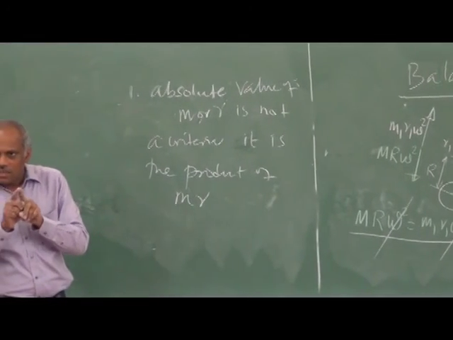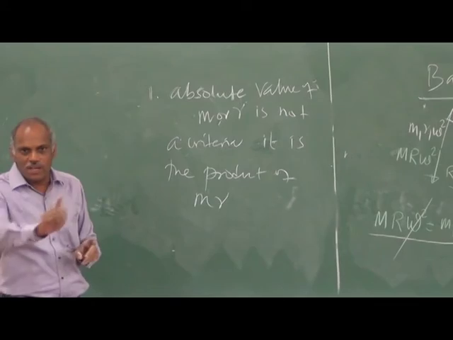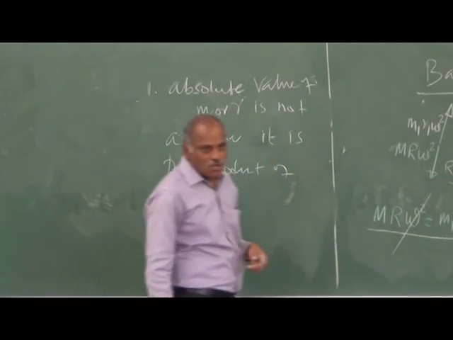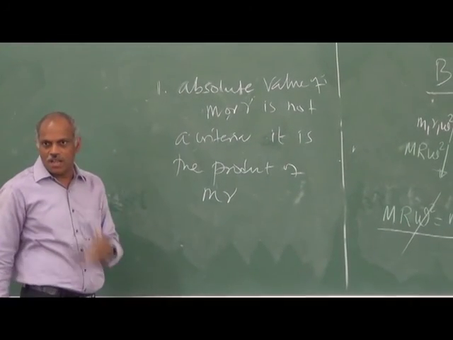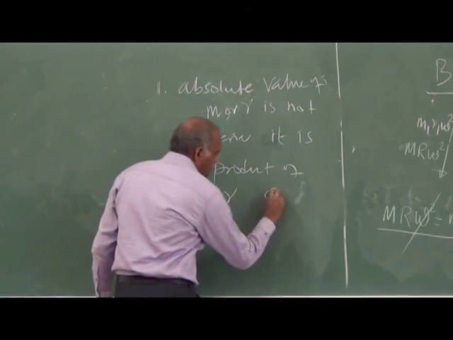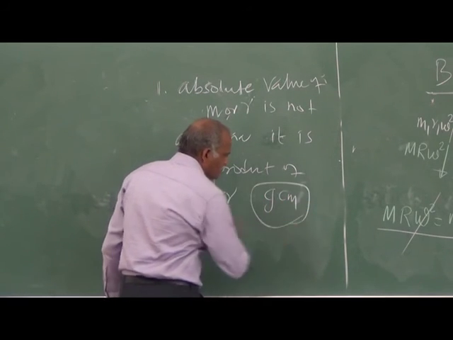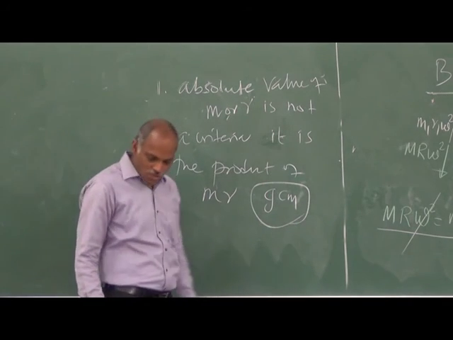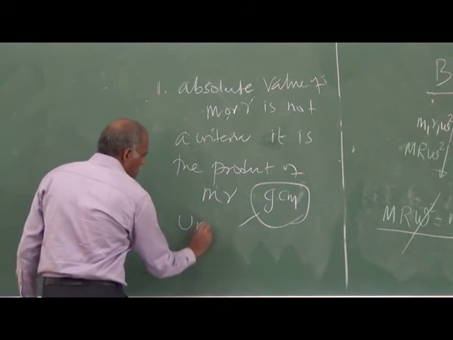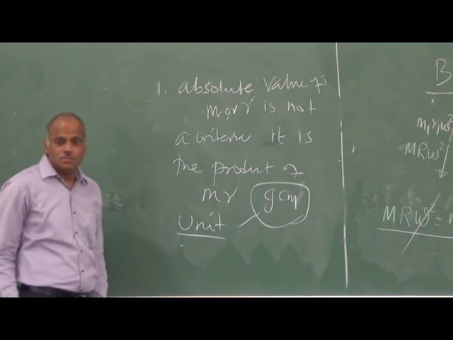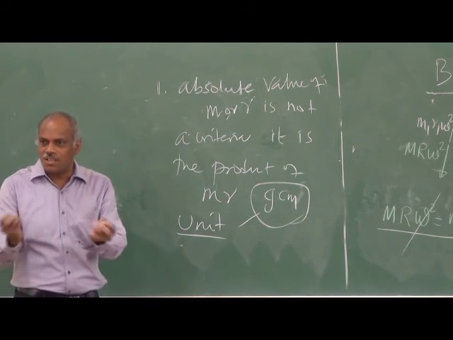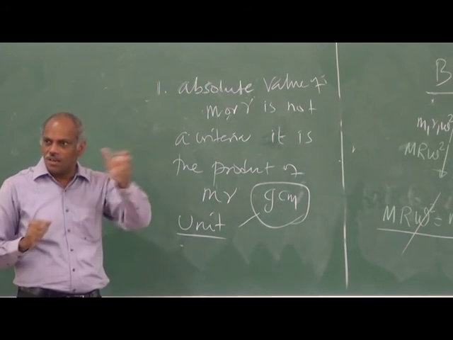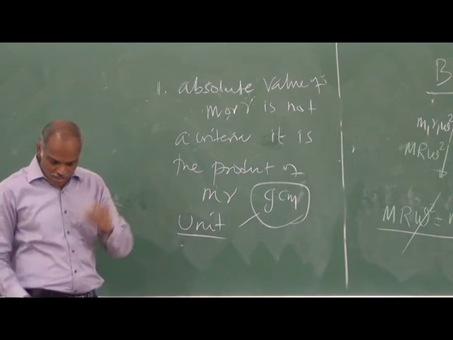So unbalance is always expressed in gram centimeter. The unit of unbalance is expressed in terms of gram centimeter, which means the product is important, not the mass in isolation.